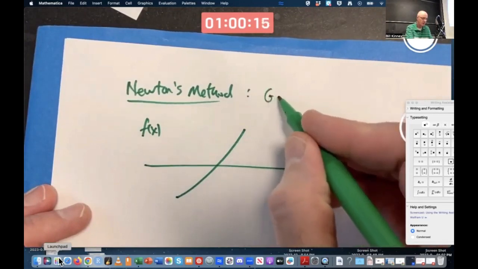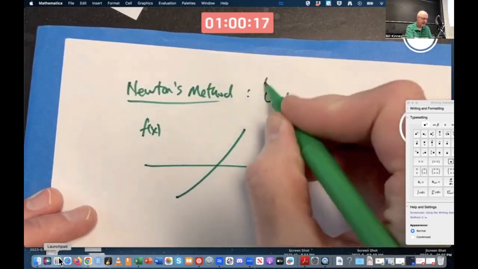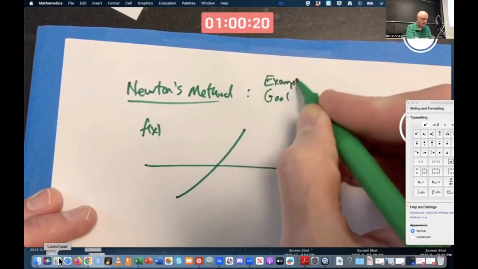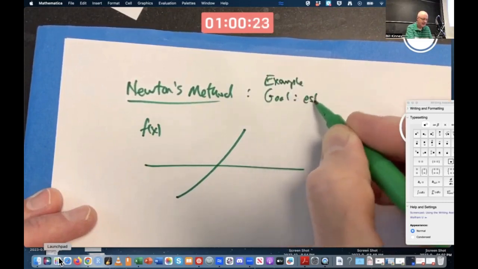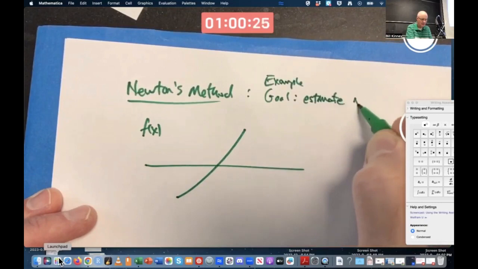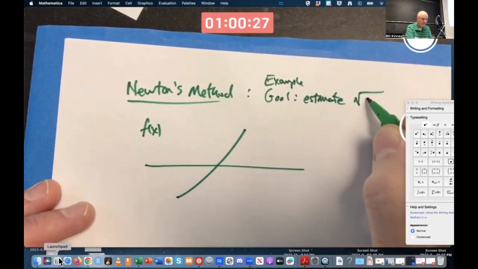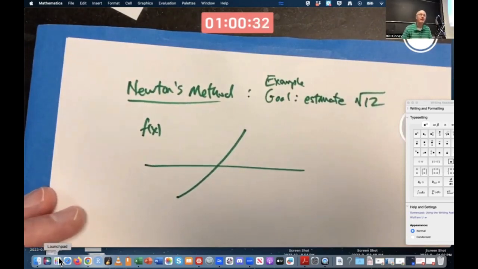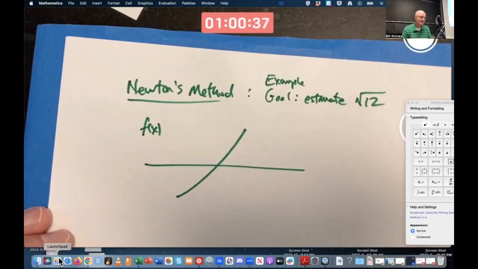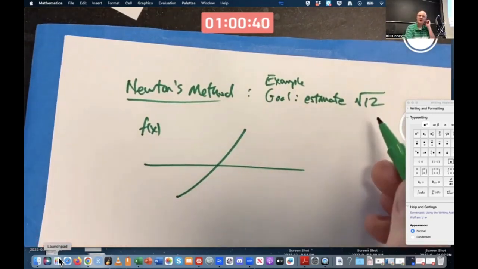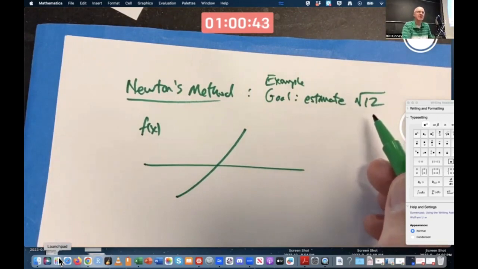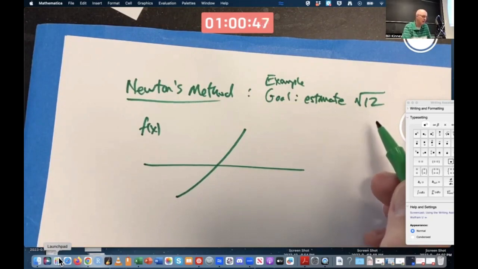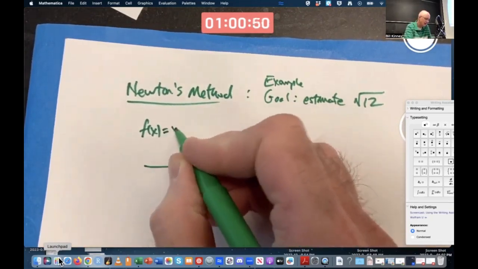Let's say our goal, this is an example goal, not the only goal, is to estimate the square root of, I don't know, 12 with Newton's method. The way to do that is to say to yourself, what's a simple function that square root of 12 is a root of, a 0? The simplest function I can think of that doesn't involve irrational numbers in it is x squared minus 12.